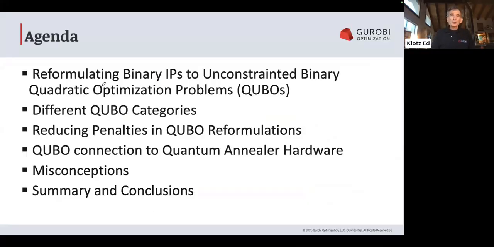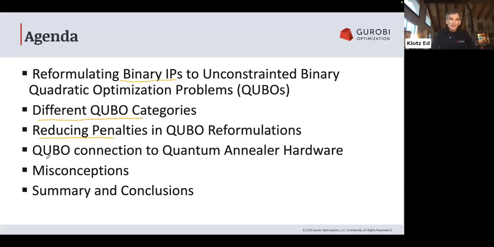So with that background, here's our agenda. We will talk about this one special unconstrained binary quadratic optimization problem type that the quantum annealer handles directly, and how to reformulate other integer programs, specifically binary ones, to this form. What we'll see is that there are different categories of this problem in terms of degree of difficulty, and penalty terms play an important role in that degree of difficulty, and making them smaller is an important skill to get better results.